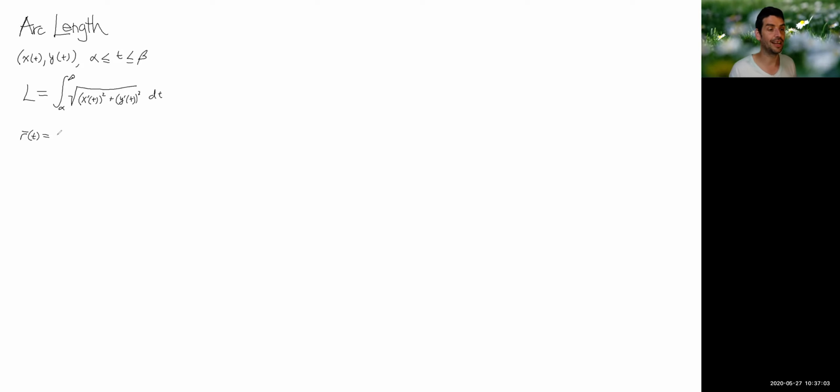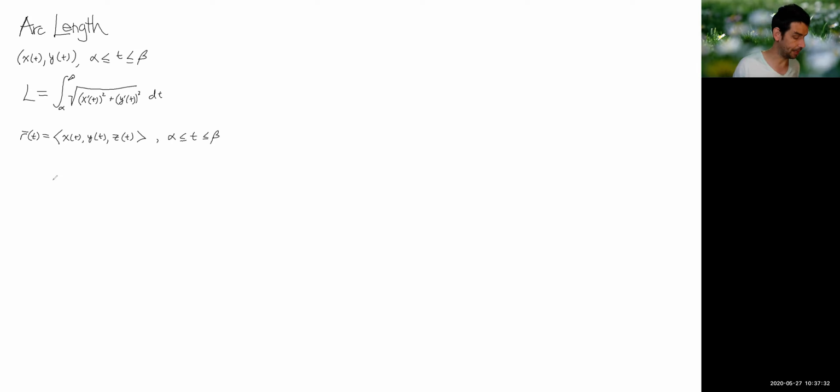If I've got a vector function, r of t, that will have 3 component functions. Same thing, we'll have a little interval. If you remember when we derived the distance formula in 3 dimensions, it looks very much like the distance formula in 2 dimensions, and this is kind of based on the same principle.